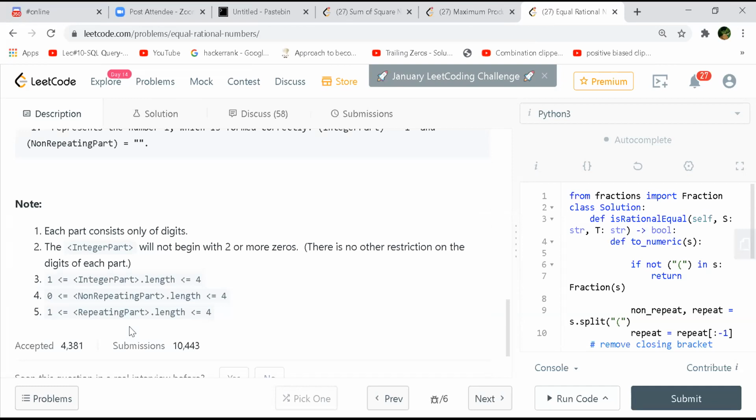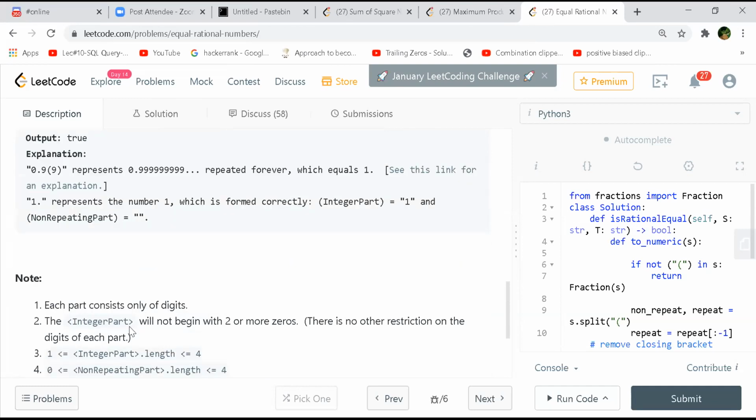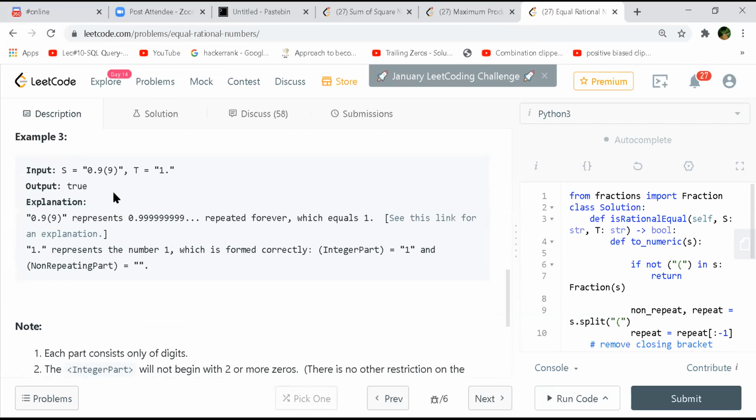So the last example, example 3, is slightly different, right? It says the first s is 0.9 and then a bracket 9, and t is just 1. So why is it true? Oh, is it approximating?